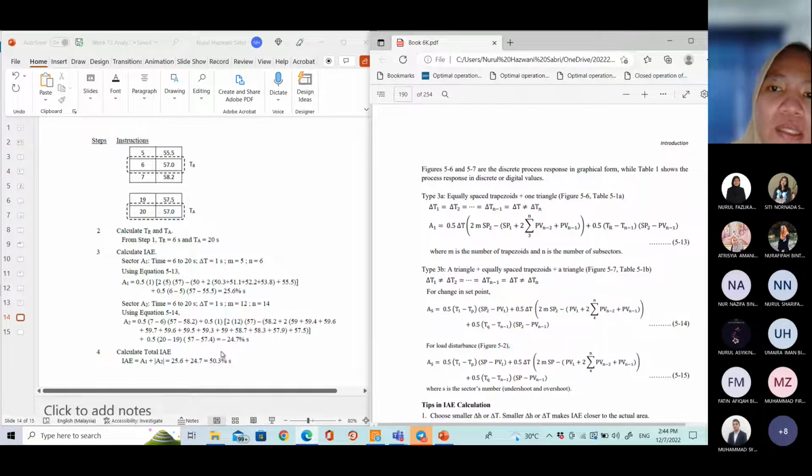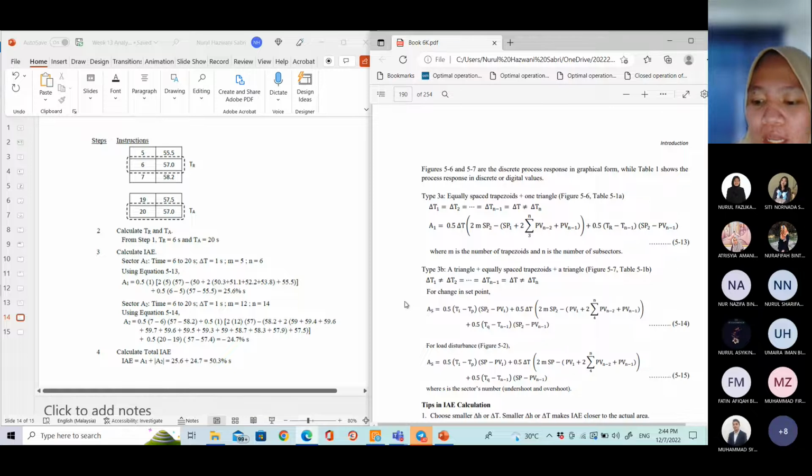The IAE is the integral absolute error, so all the area that we calculate must be in positive sign. That is why we make it positive, with the modulus on the side. So in total, using this table form, you will get 50.3 percentage second, the total IAE.